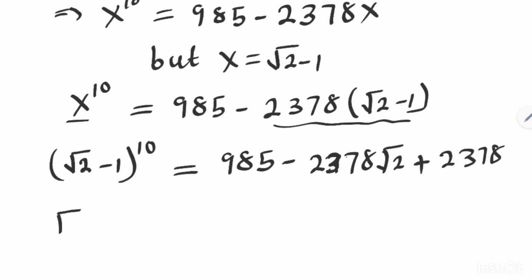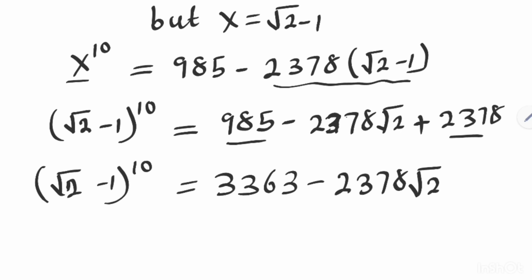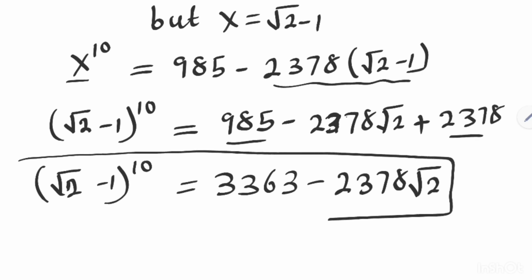And this is root 2 minus 1 all raised to power 10 is equal to, if you add this and this together, 3363 minus 2378 root 2. Then this is the final answer.